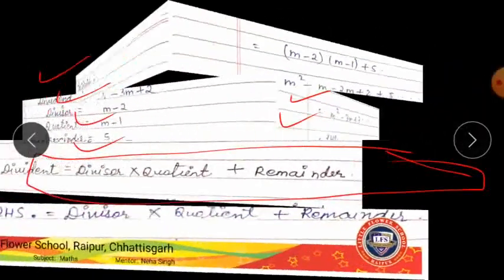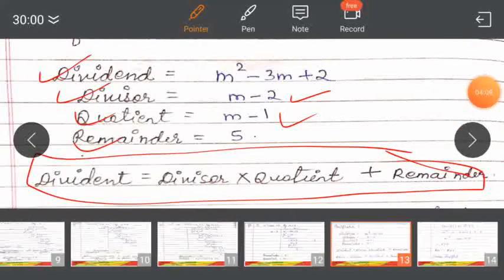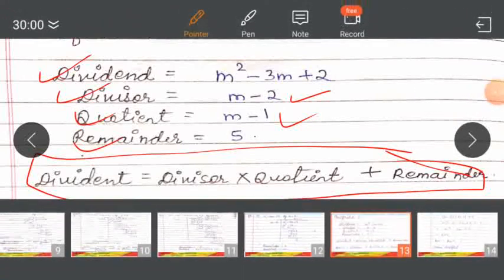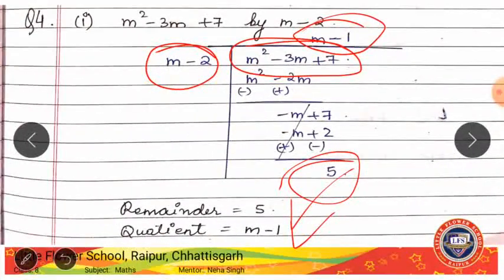Why? Because LHS is the dividend, and the dividend value is m square minus 3m plus 7. Sorry, the dividend here is 7, not 2. Right? This is 7.